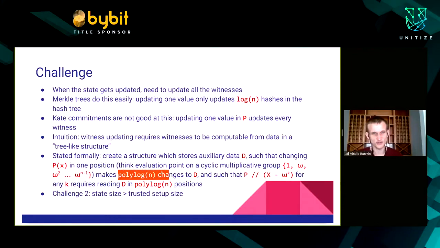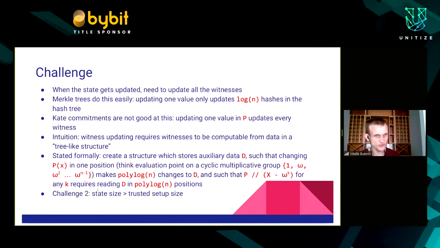I mean, we could potentially sacrifice a bit and say polylog n changes to the data in generating a witness. And reading this kind of value also requires reading the data in a logarithmic or possibly polylog number of positions. So that's challenge one; we still haven't figured this out, it's an open problem.